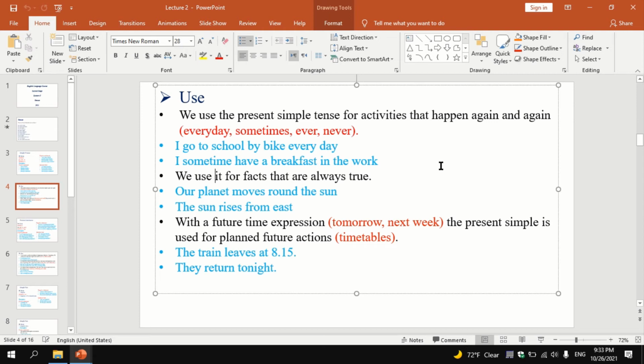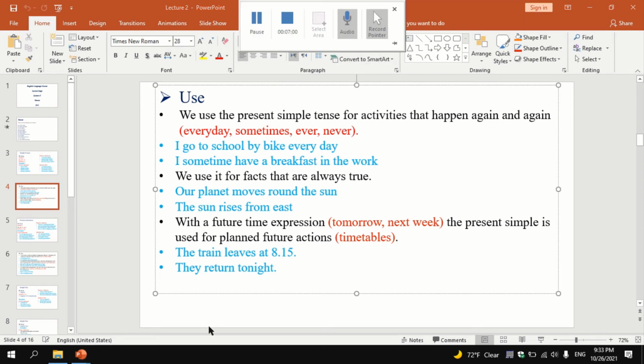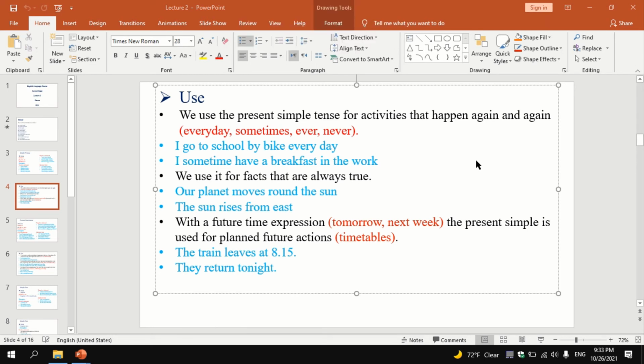The train leaves at 8:15. They return tonight. So this is for the present tense.